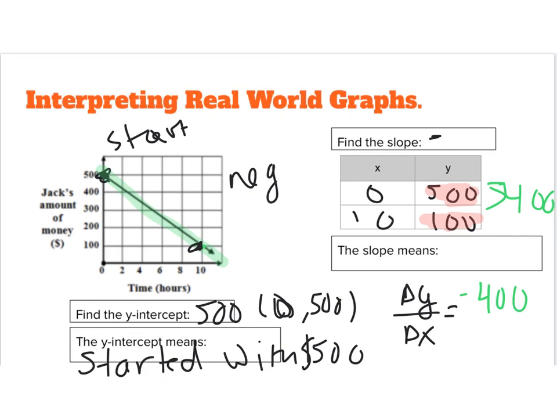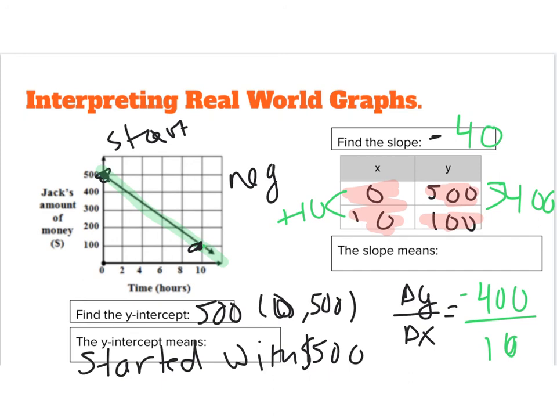Then I look at my x values here. I have an increase of 10. So negative 400 divided by positive 10 is going to give me a slope of negative 40. And so what does that mean, though?